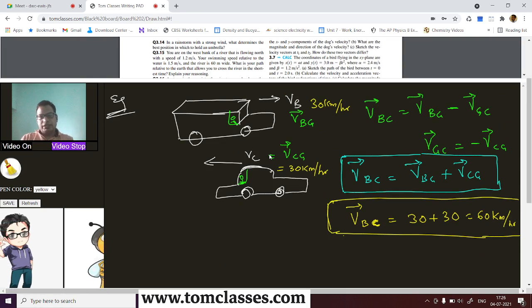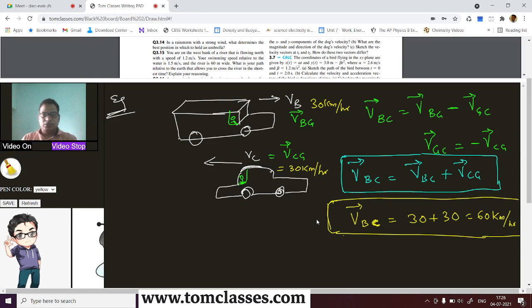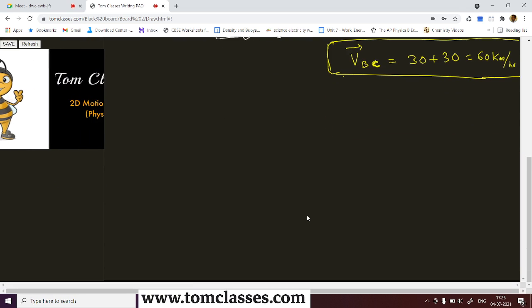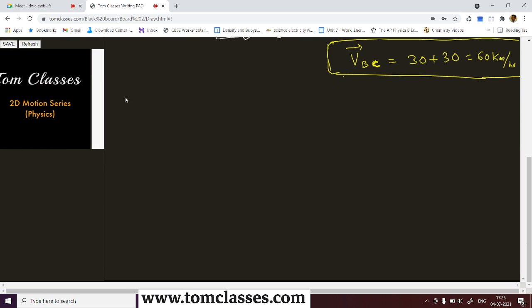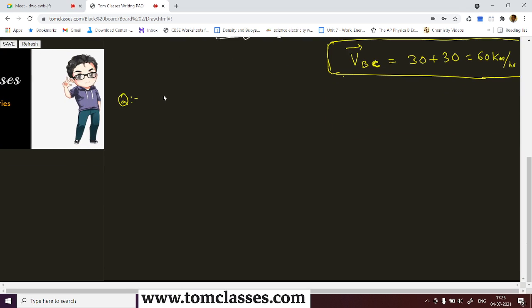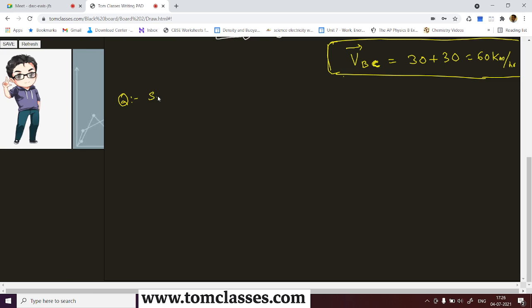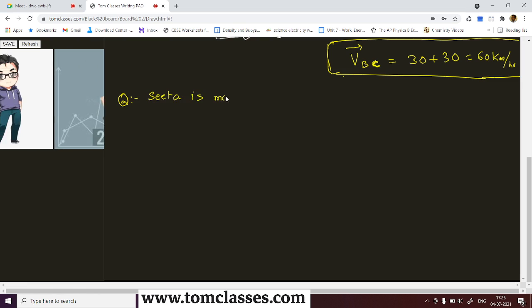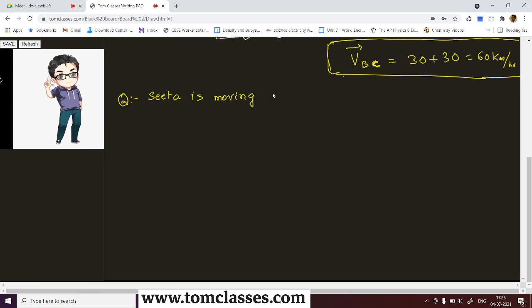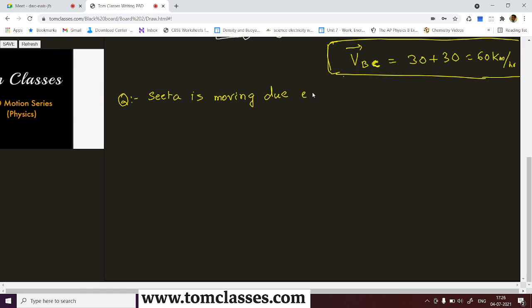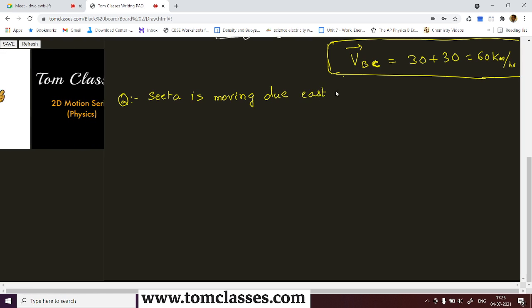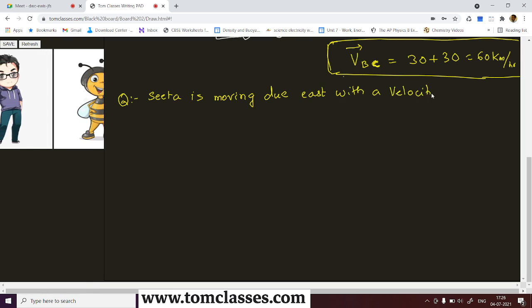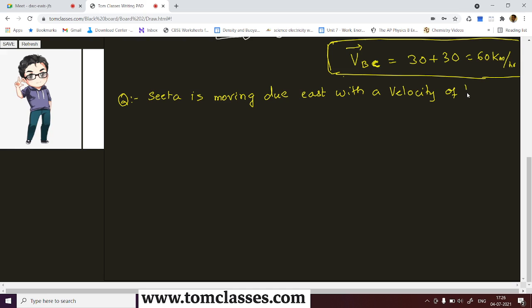So this is like one dimension motion. Let's do a small example over here. Let me bring one small question. Let's say Sita is moving due east with a velocity of 1 meter per second.